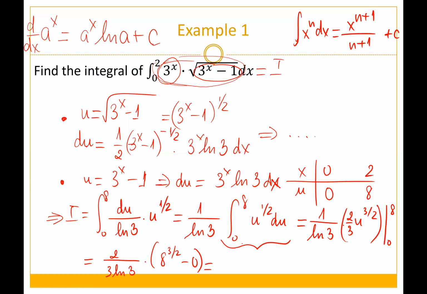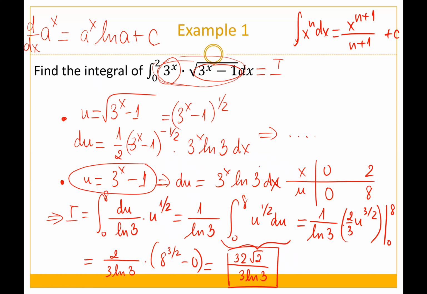So it's going to be 8 times 2 square root of 2, which is 32 square root of 2 over 3 ln 3. So this is the final answer for this example. The general idea here is knowing how to use u substitution.